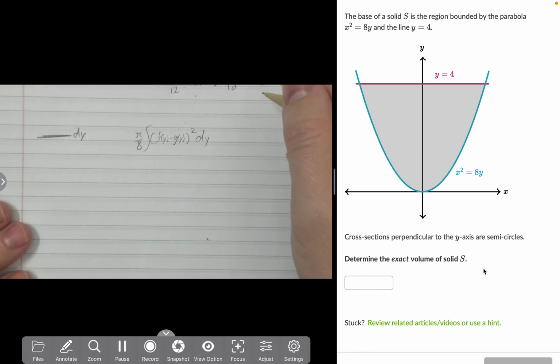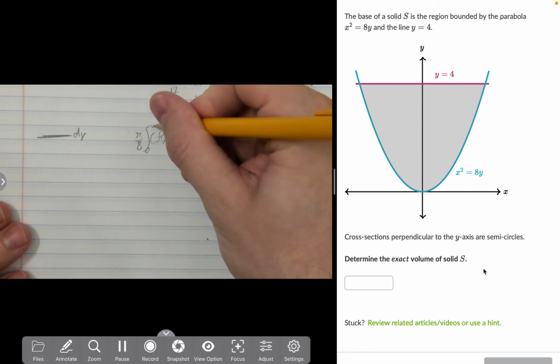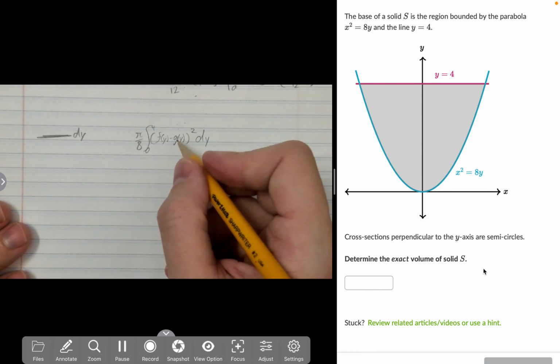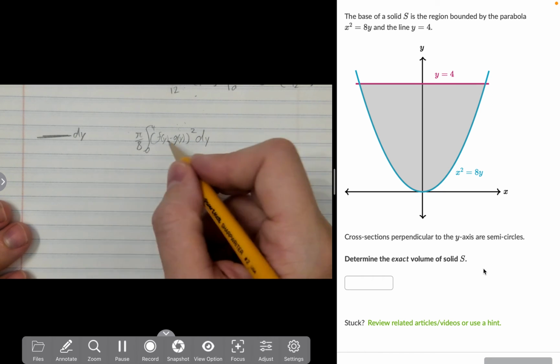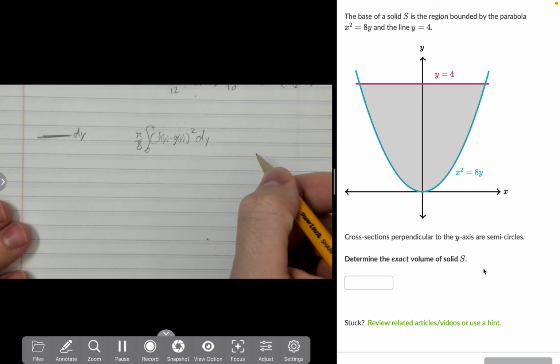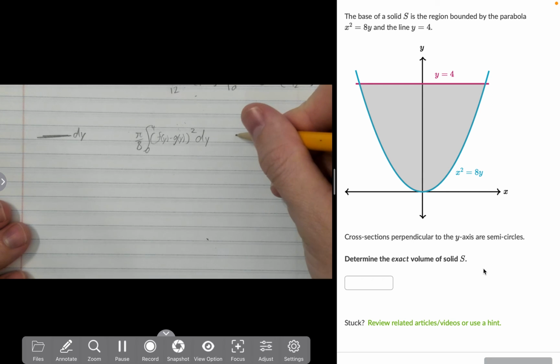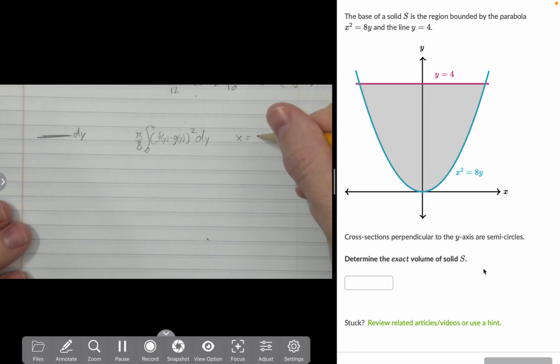Well, my bounds of integration look like they're 0 to 4. And f of y and g of y are actually still, again, going to be related to the same function, because we've got another implicit relation here. So if I square root both sides, I get x equals plus or minus the square root of 8y.